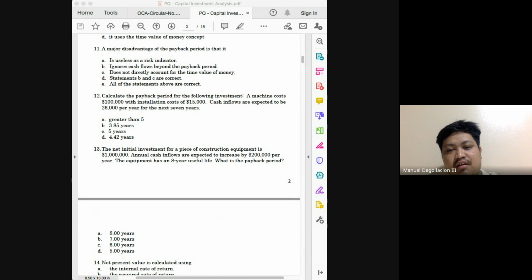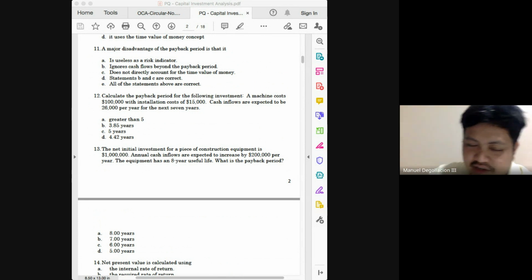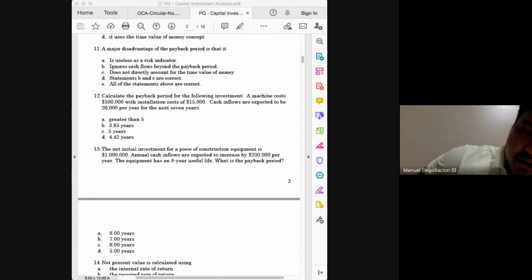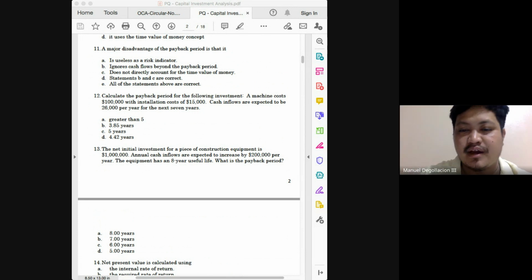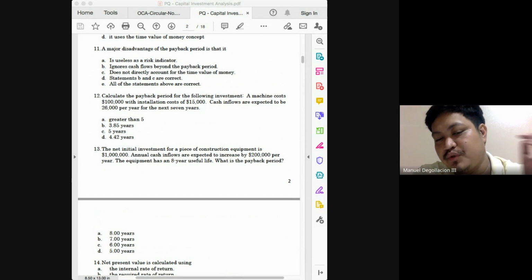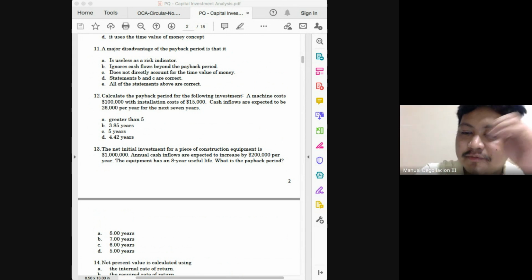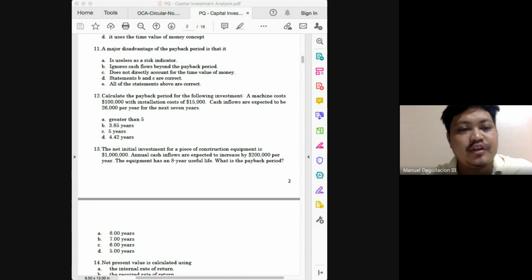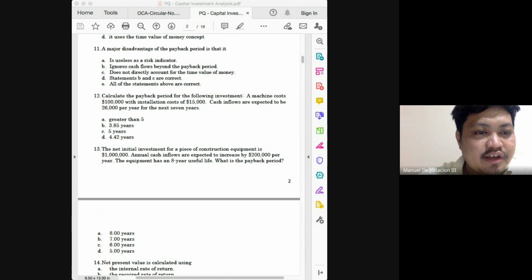So you still have not recovered your total investment. So at that point, how much have you not recovered? You have not recovered 115 minus 104, you will have 11. So you divide 11 by 26, you would get 0.42. So that means you would be able to recover the entire 115,000 in 4.42 years. So the answer here is delta.